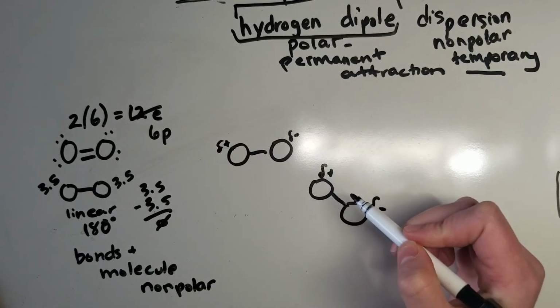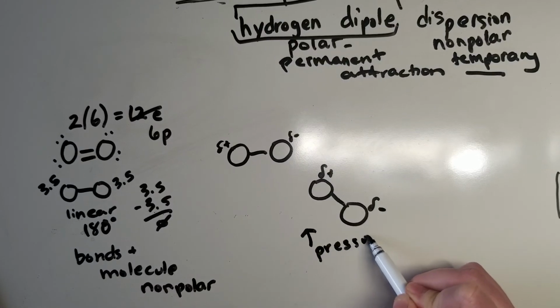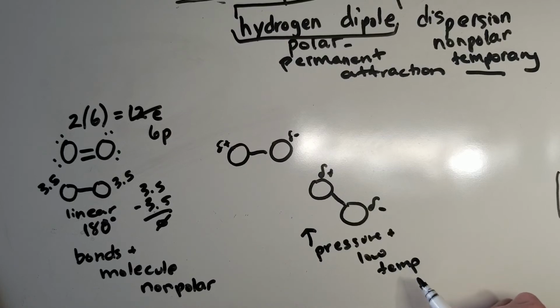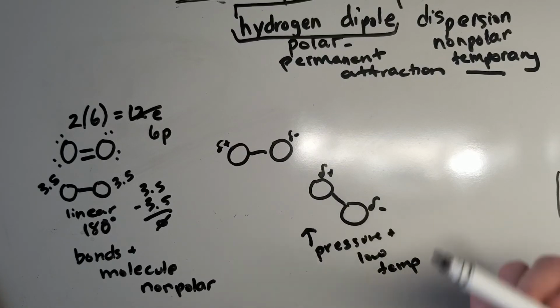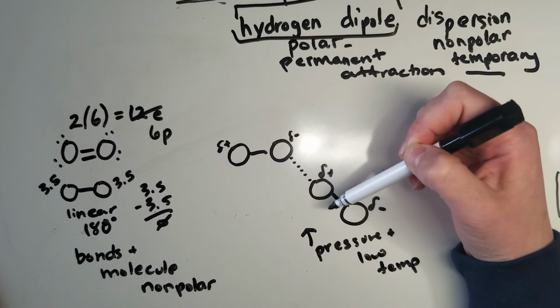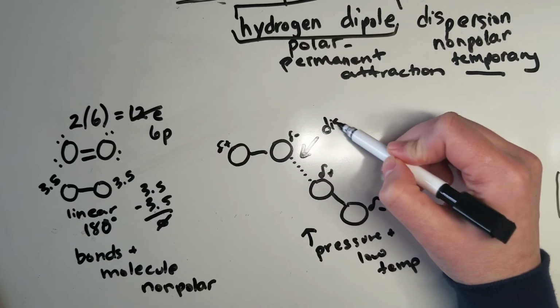But remember, this is not a permanent thing. This is only temporary because there is pressure and low temperature put on those oxygen molecules. And so after that's occurred, now you can see a little bit of a temporary attraction, and that is the dispersion force.